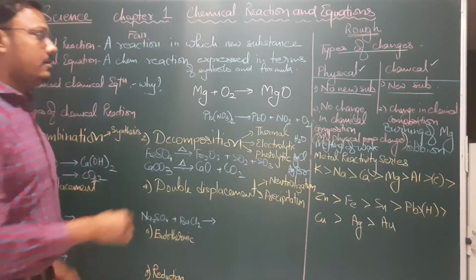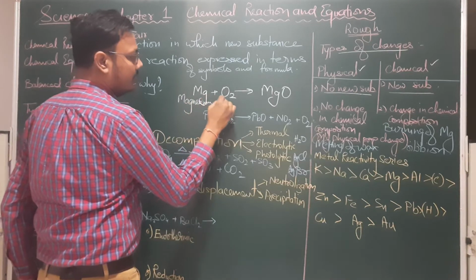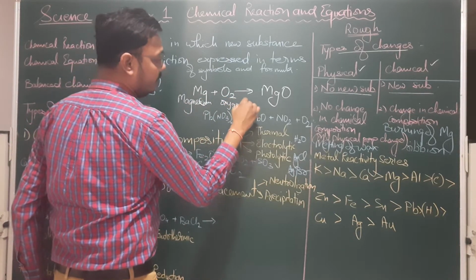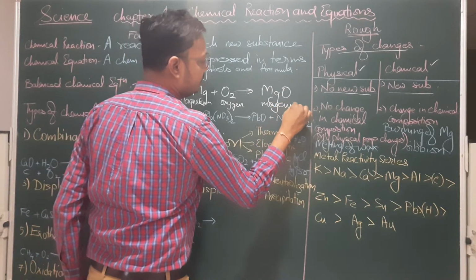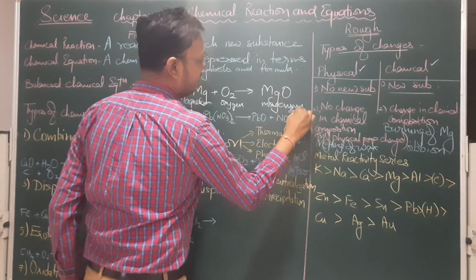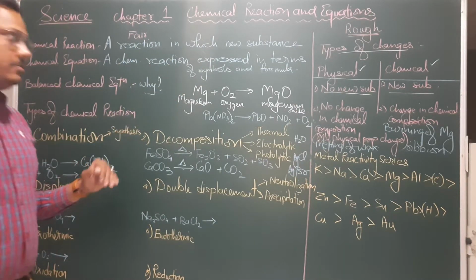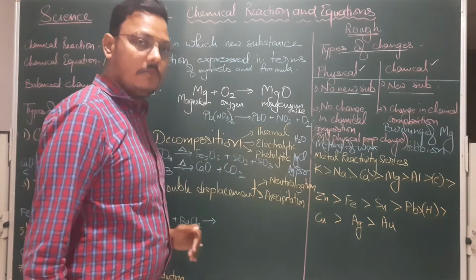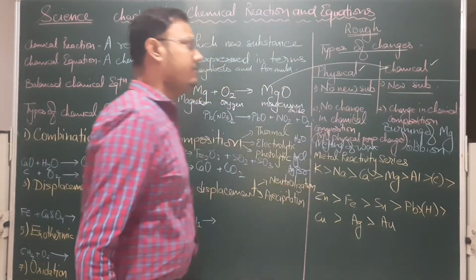So we see that magnesium burns in the presence of oxygen from the atmosphere to form a white powdery substance, that is magnesium oxide. So a new substance has been formed from the magnesium, and that is magnesium oxide. So we call it a chemical change.